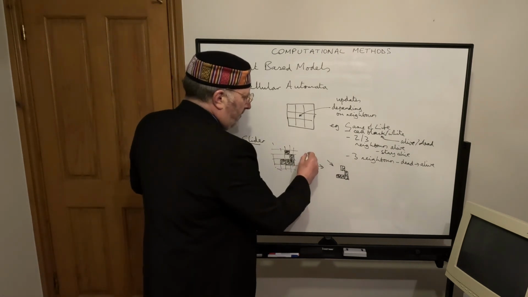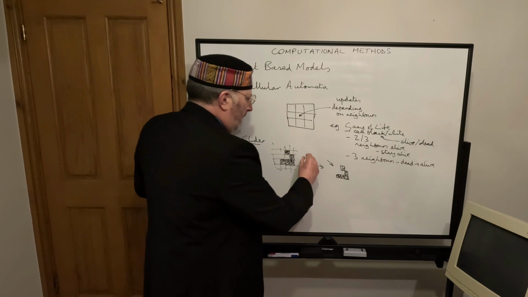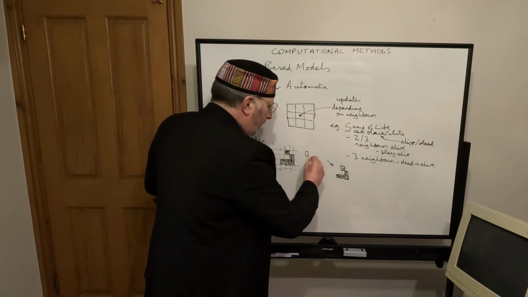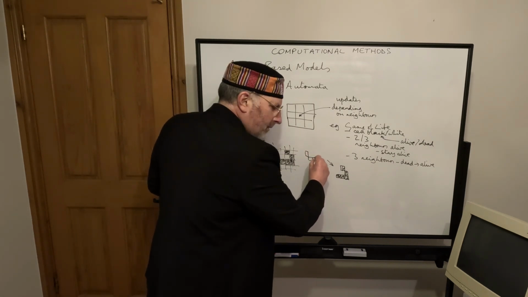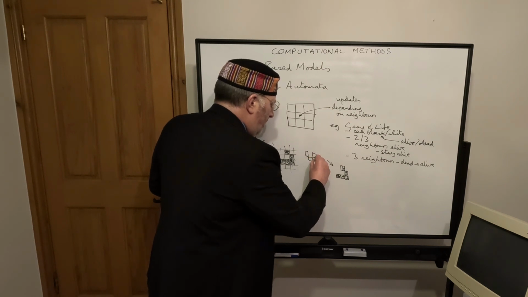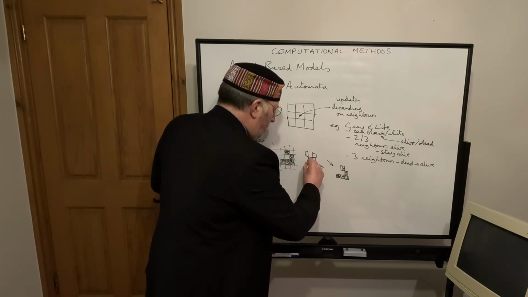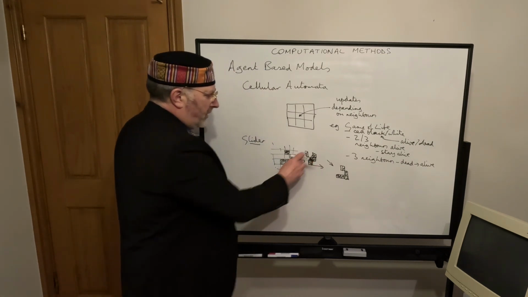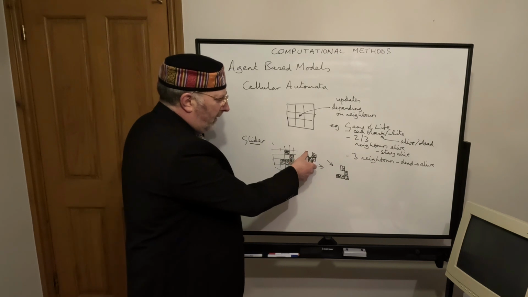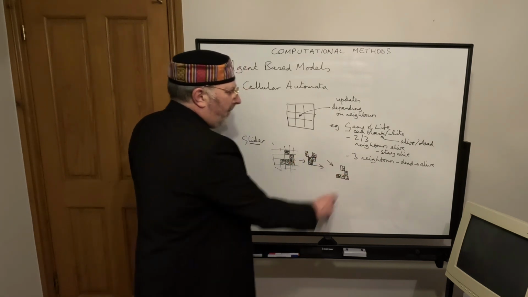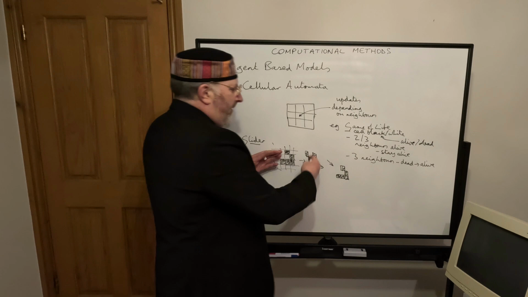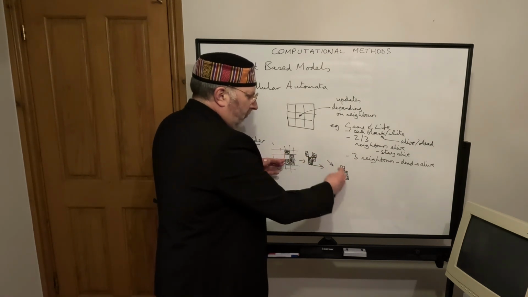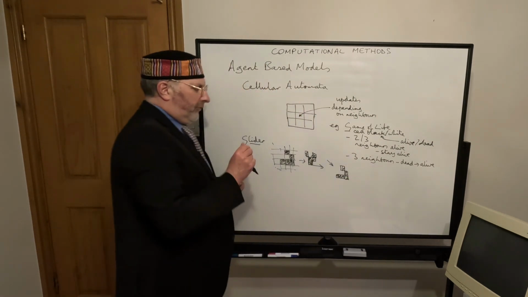What I haven't shown is the in-between shapes where, for example, one of them looks like that. I think that's the first shape after this one. So it does that, and then it does a few other things, but it then ends up like that. So with every 4 steps, it looks the same, and it just glides across the grid.